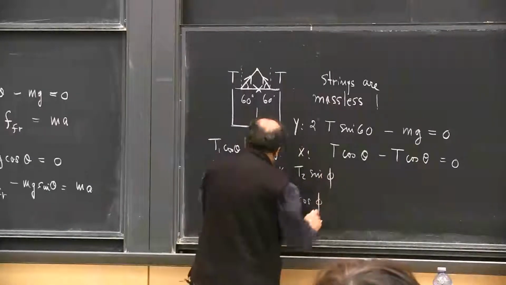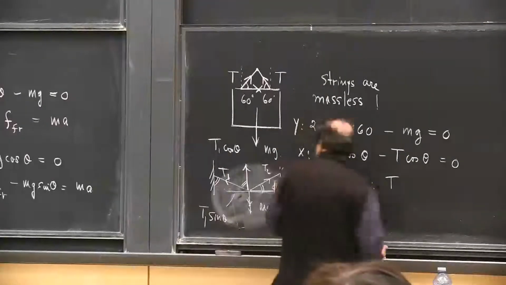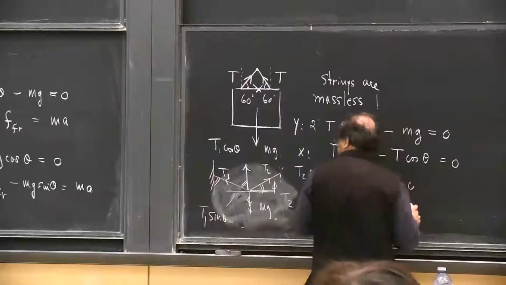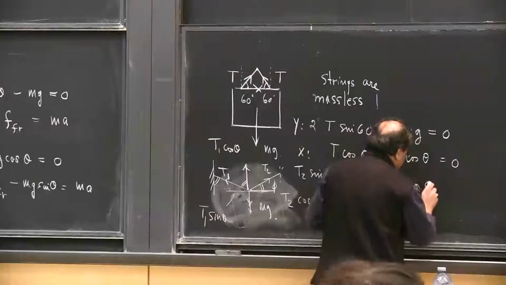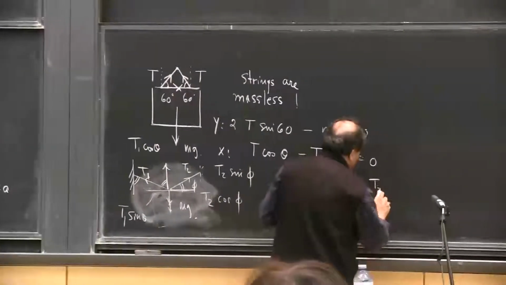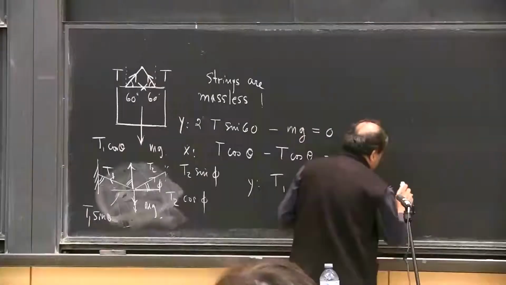So in other words, in this problem, as far as the y side is concerned, I have T1 cosine of theta, because that's the vertical piece for T1, plus T2 sine of phi is equal to mg.